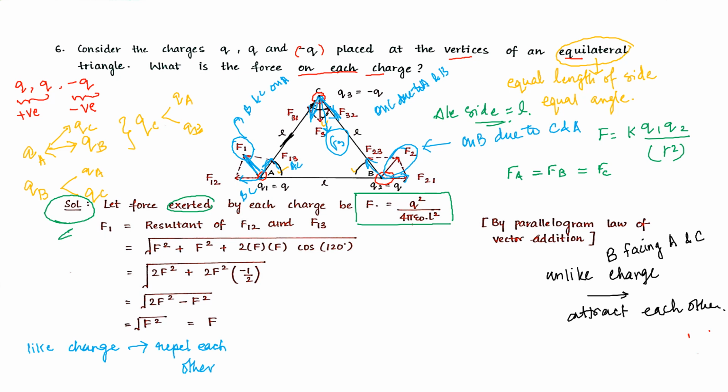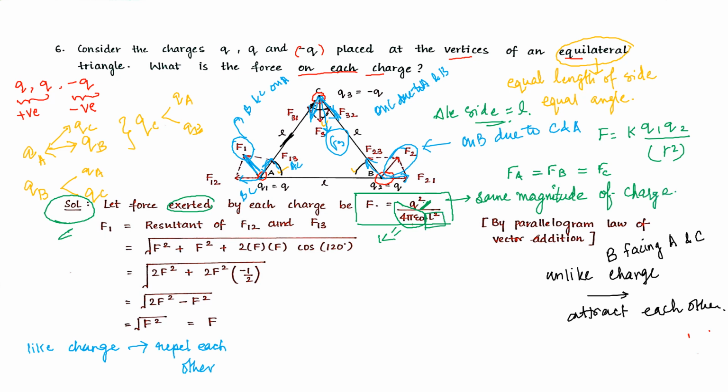So this 1 by 4 pi epsilon naught is K over here, and Q square we have taken because both the charges are the same. We are dealing with the same magnitude of charge.